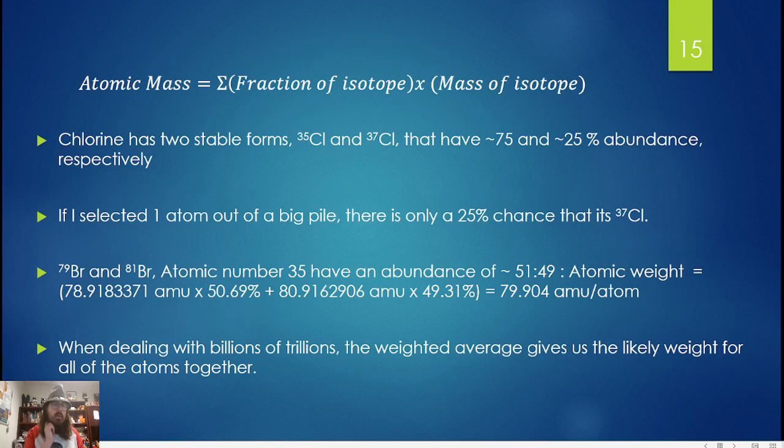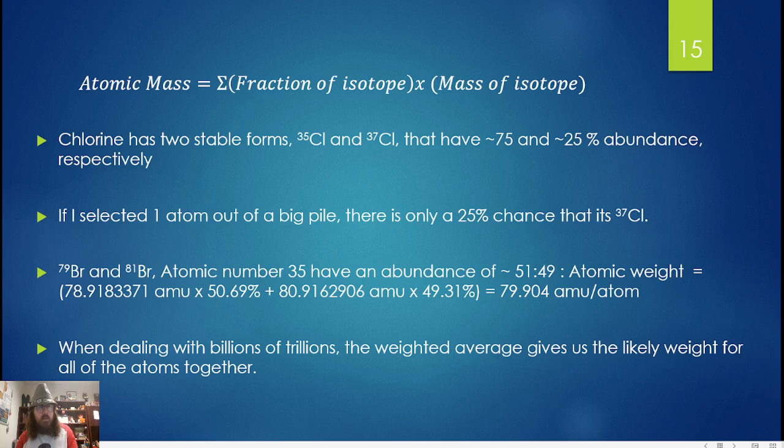So the way they calculate the atomic mass is they take the sigma, which is the mathematical term for sum. Get used to that. It will be used occasionally. Sigma, the sum of the fraction of the isotope times the isotope's mass. So we're going to figure out how many times out of 100 we get this isotope and how much it weighs.